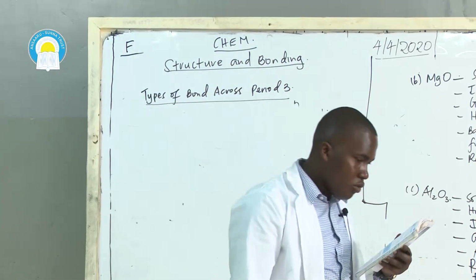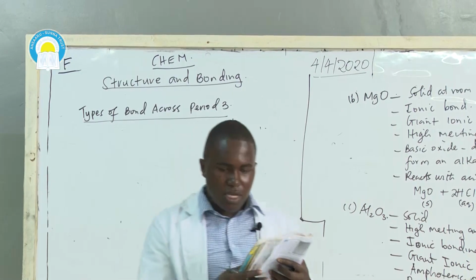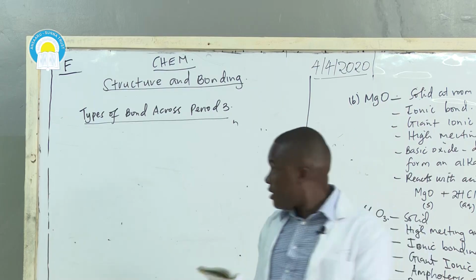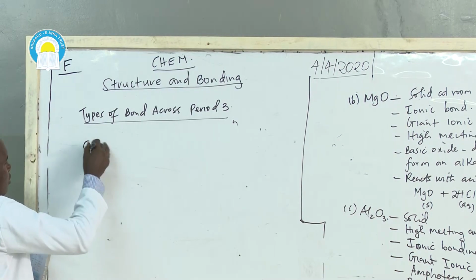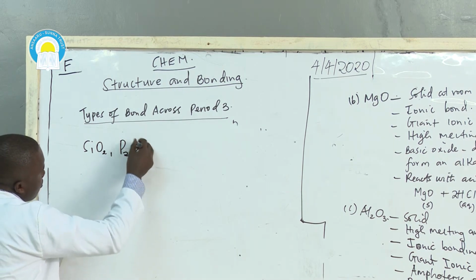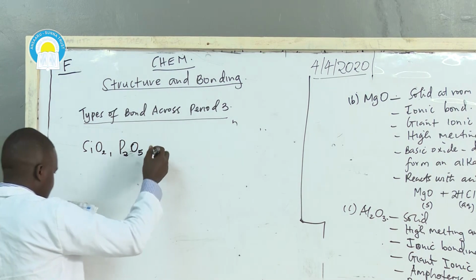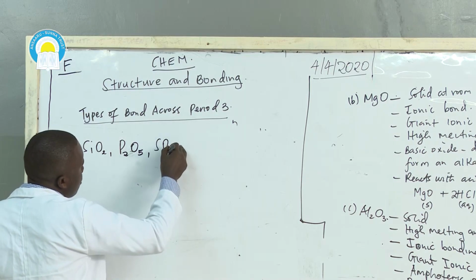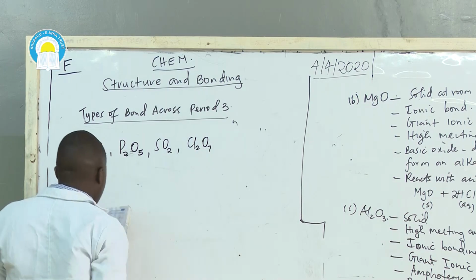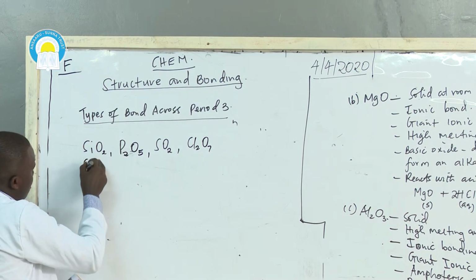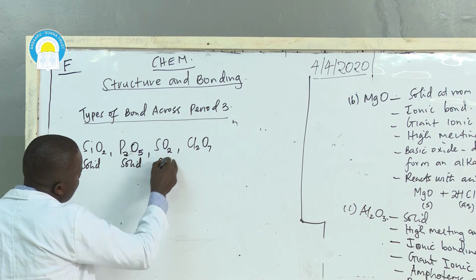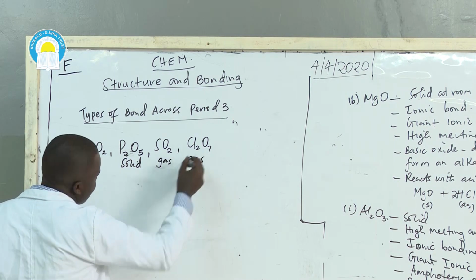So, when you look at the other oxides, the silicon oxide, those are covalent. Phosphorus 5 oxide, sulfur oxide, then you have the chlorine oxide. Of these, this is a solid, this is a solid, this is a gas, this is also a gas.